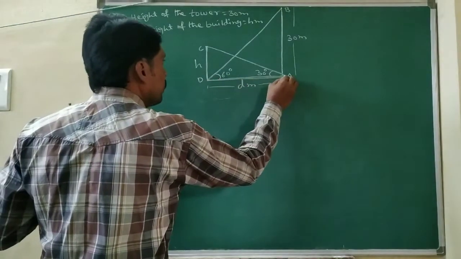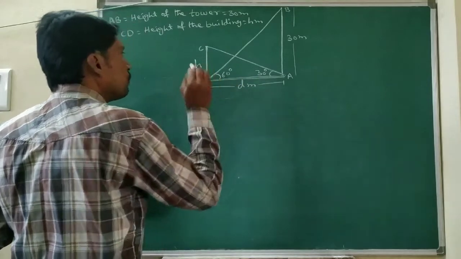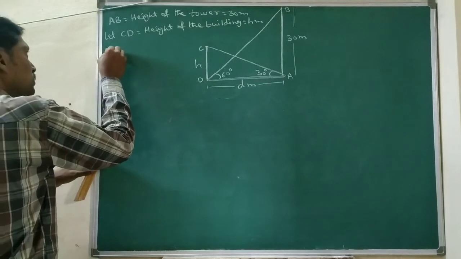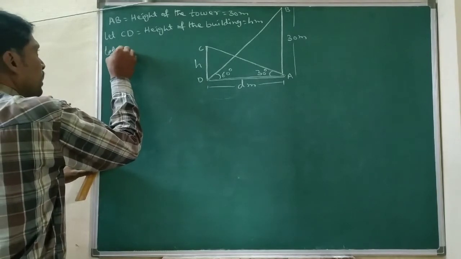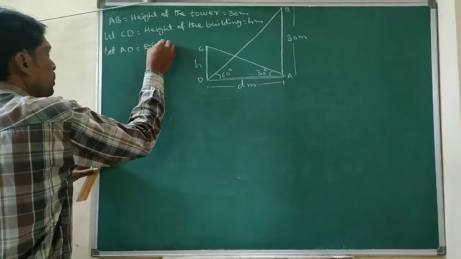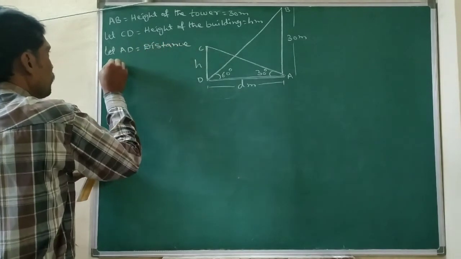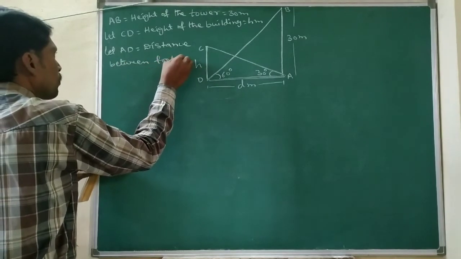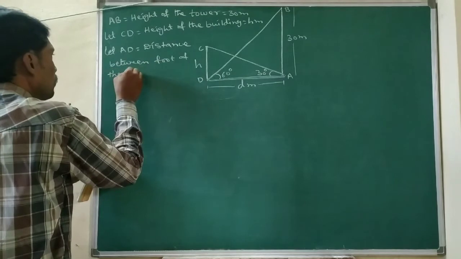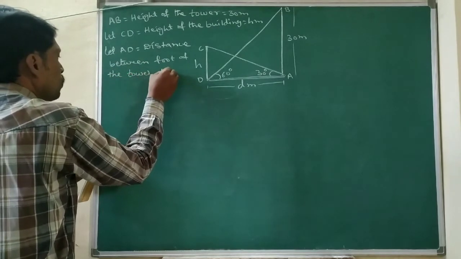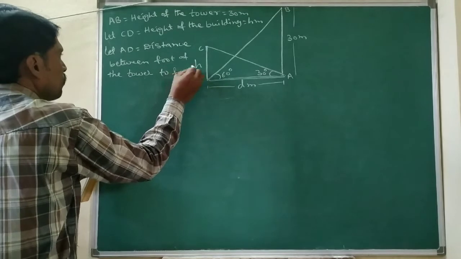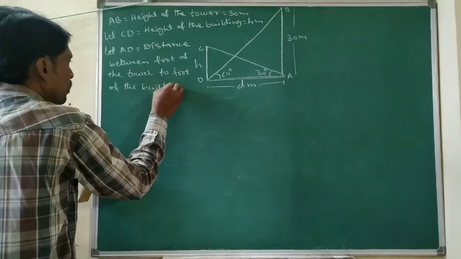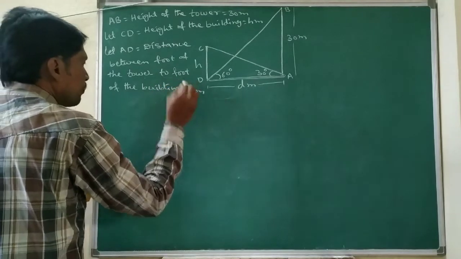Now AD. What is AD? Distance between the foot of the tower and building, that is D meters. That one also we are taking as, let AD equal the distance between the foot of the tower to the foot of the building, that equals D meters.